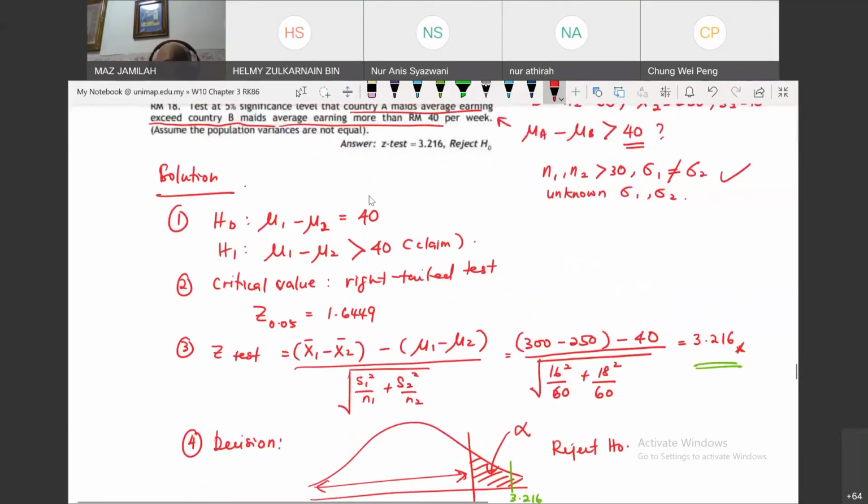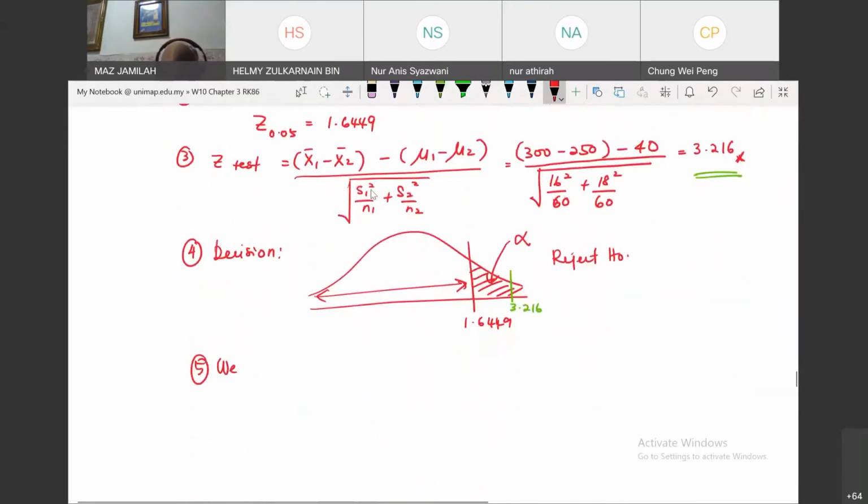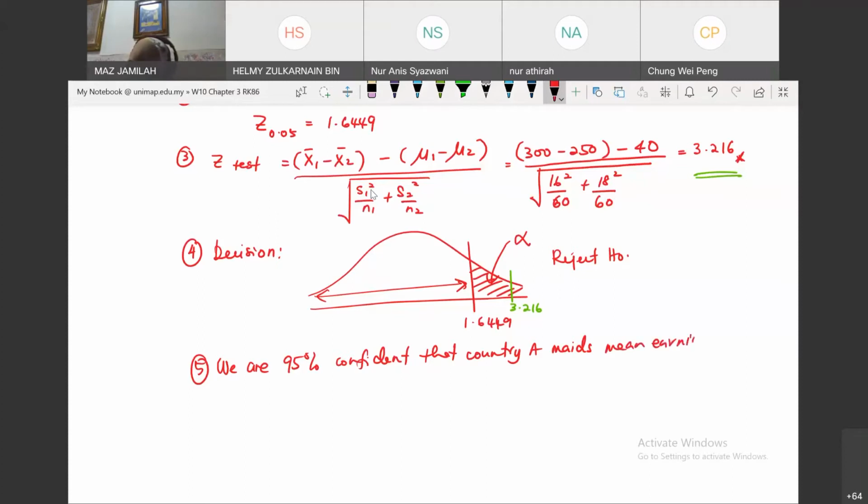We are 95% confident that country A makes mean earning exceed country B mean earning.